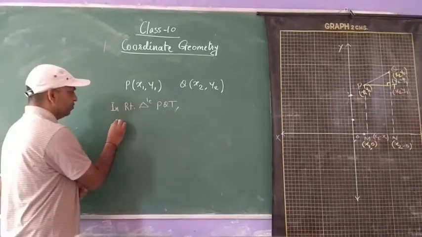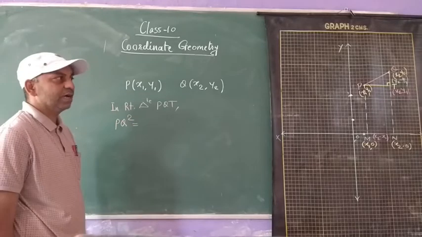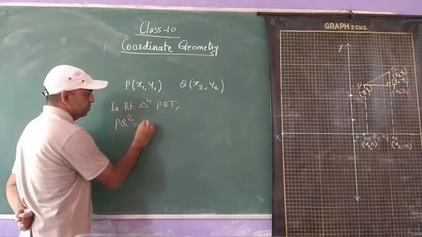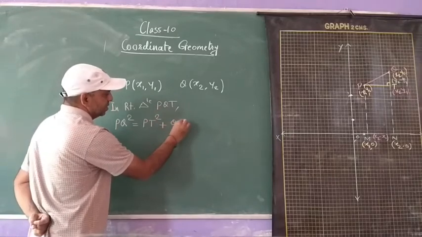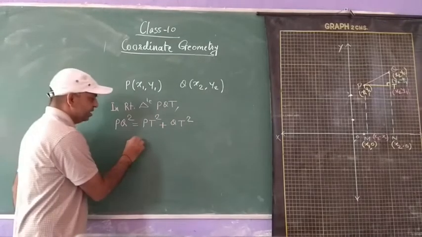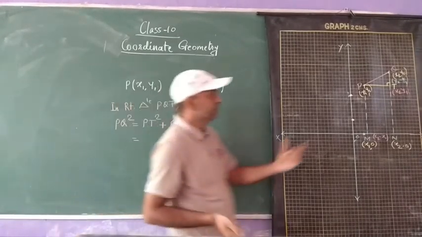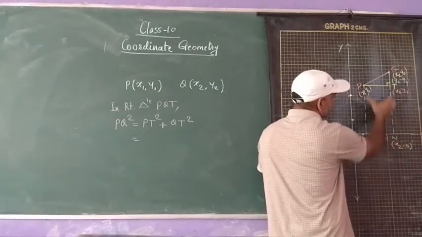PQ square is equal to, according to Pythagoras theorem, PT square plus QT square. So what is PT square? PT distance is this. This distance is same as PT.